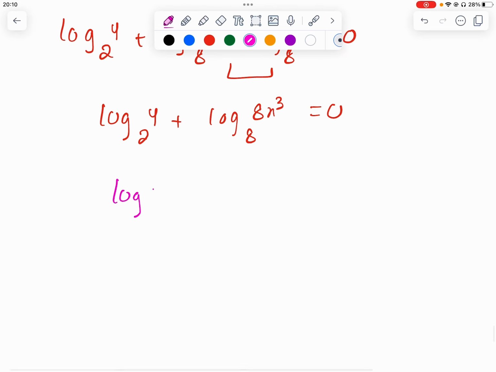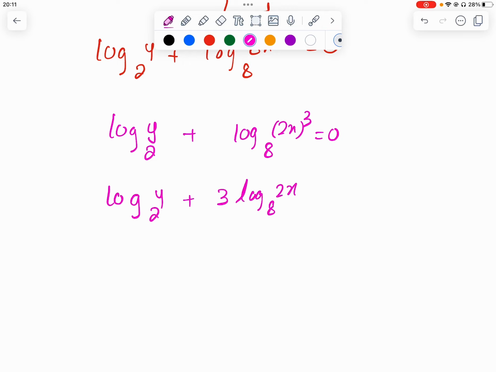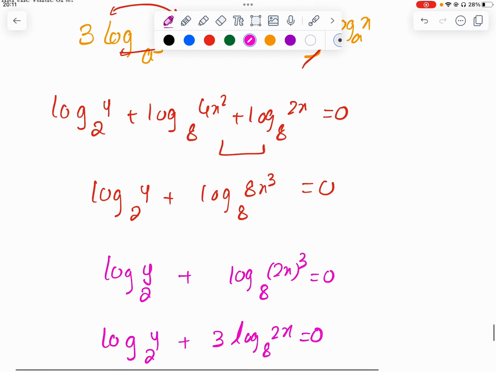So log y to the base 2, then plus log, this is 2x whole cube to the base 8 equals 0. So we get 3 out. So 3 log 2x to the base 8 equals 0.